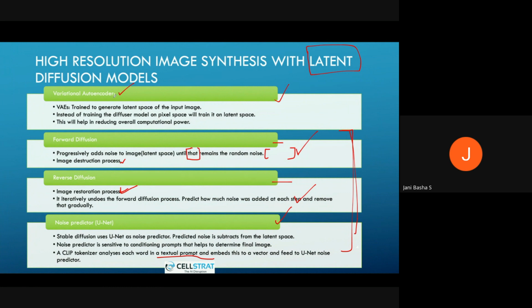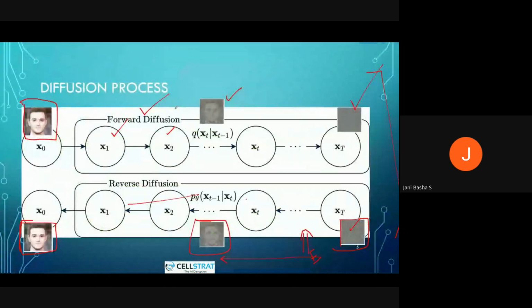So we'll compress that 1024 by 1024 image and generate one latent space, say maybe 32 by 32, and we'll run this entire process on that latent space.